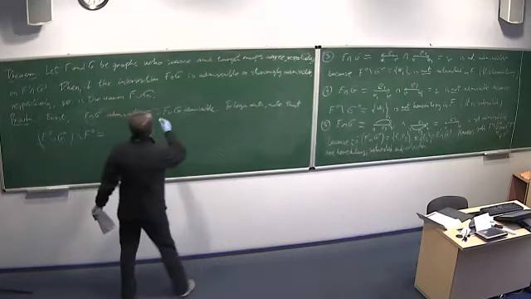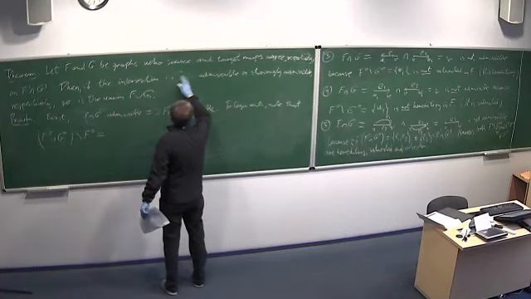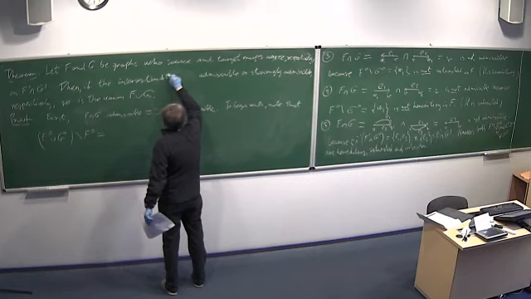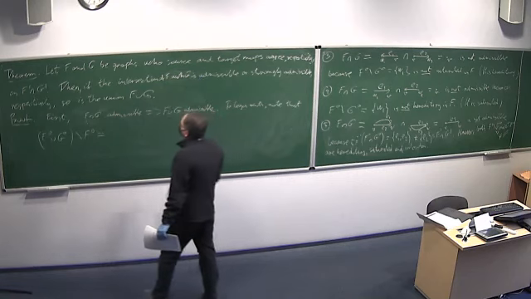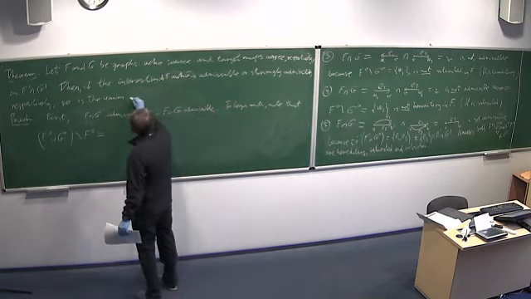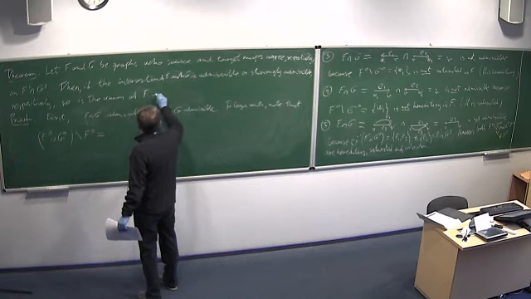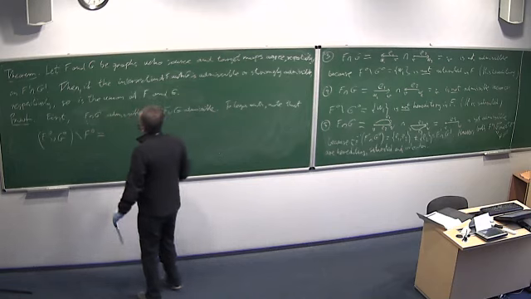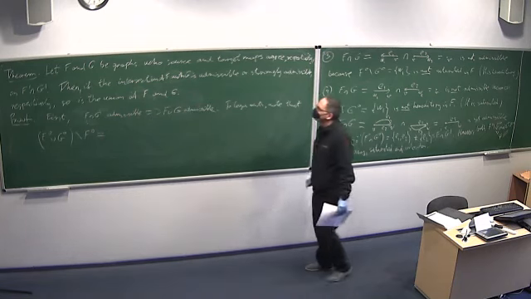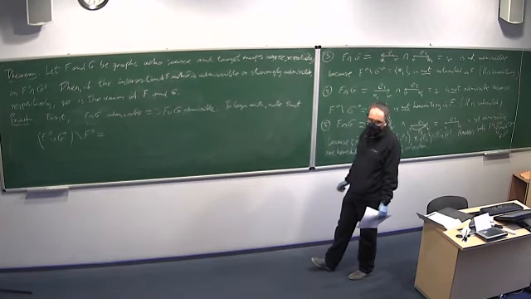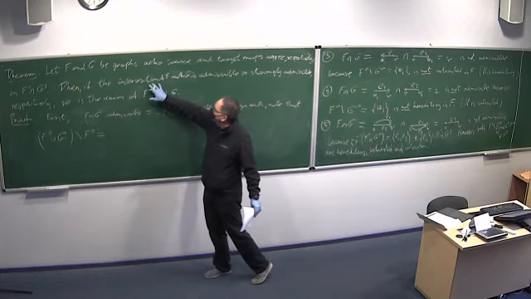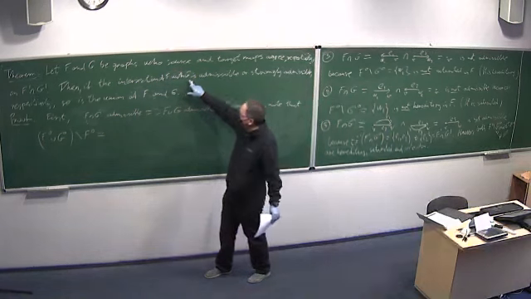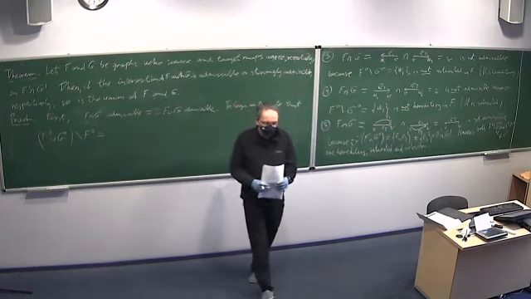I can write the intersection of F with G, and the union of F and G. Now this is absolutely precise, because I'm saying that the intersection of these two sets is admissible and the union of these two sets is admissible.